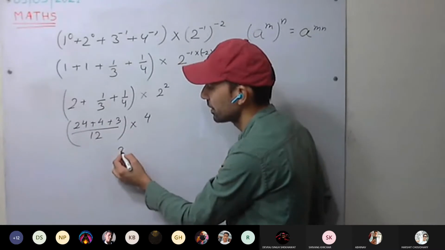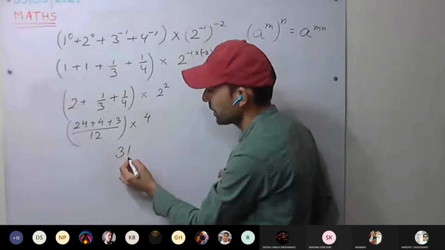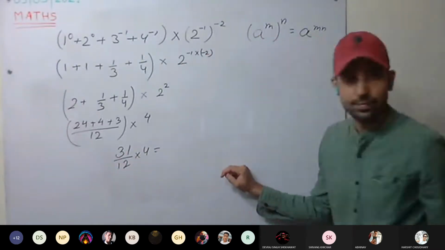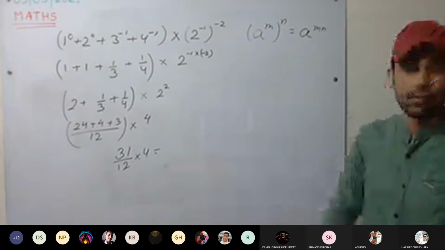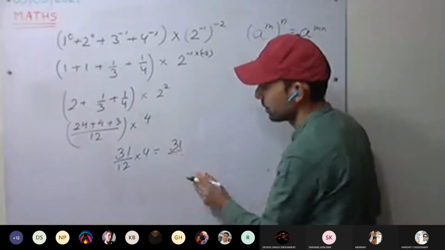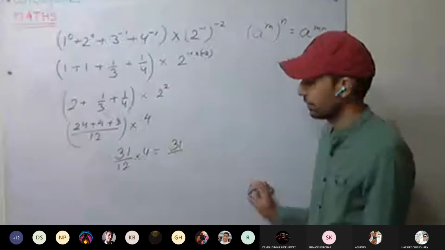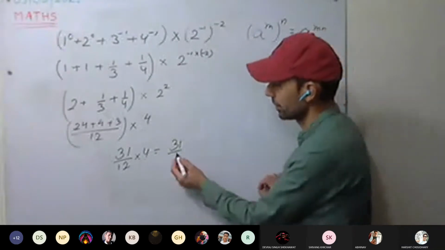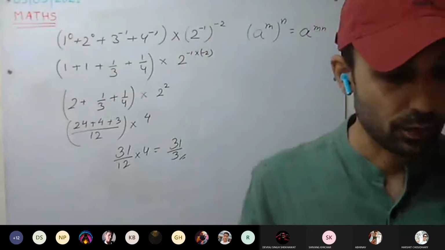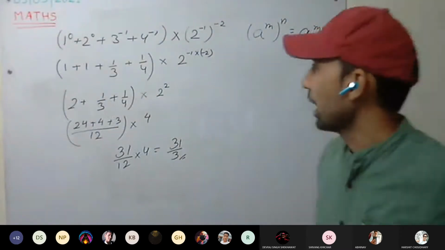How much it will be? 31. Now, can we cancel them? Yes, sir. 31 upon 3. Is the answer same? Okay, we have got first one.